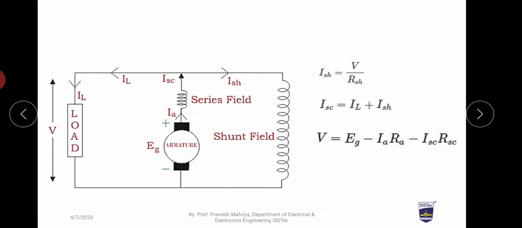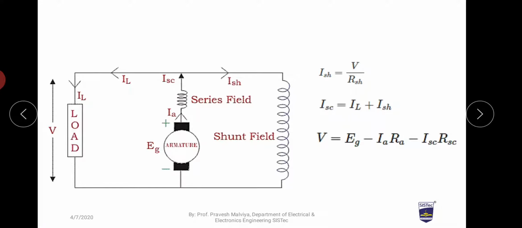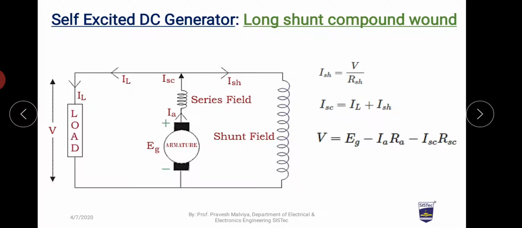At this node, if we apply KCL, the series field current or armature current can be given as IL plus ISH. And the terminal voltage can now be given as the generated EMF minus the drops. So these are the drops here. So this is all about the long shunt compound wound.